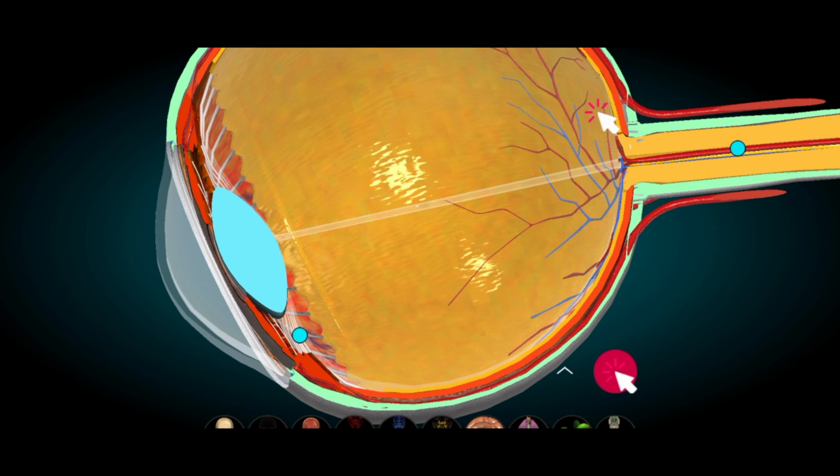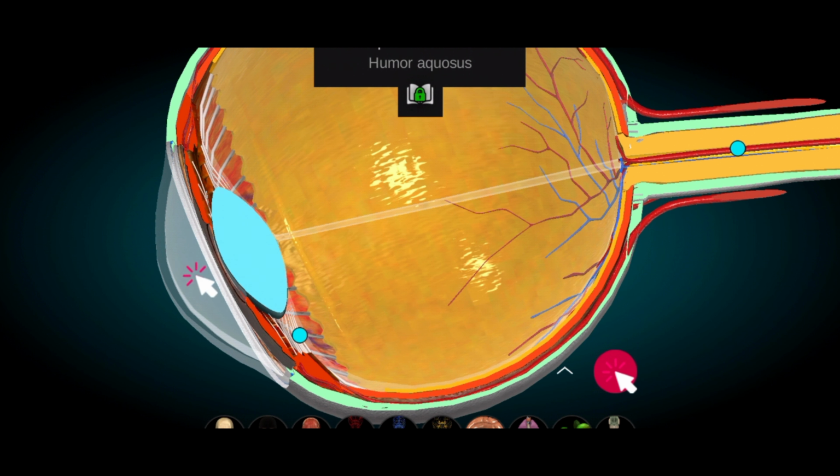This is another lateral view, and this is the lens. This is the aqueous humor, this is the vitreous body, and this is the optic nerve. And here you can see the blood vessel, that is the central retinal artery, which is piercing through this.